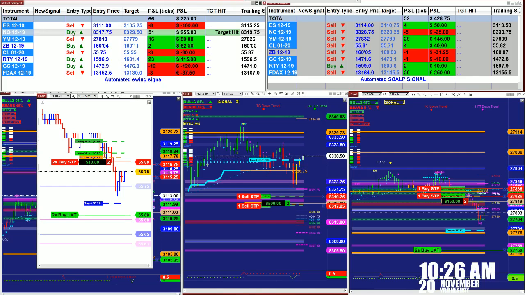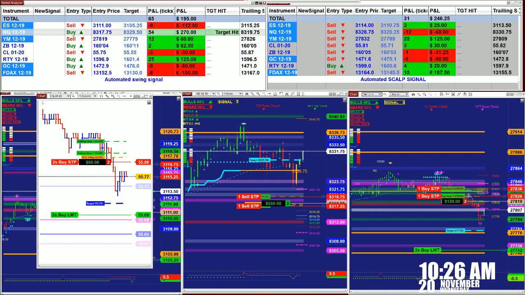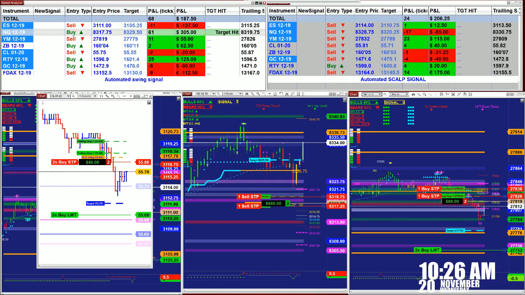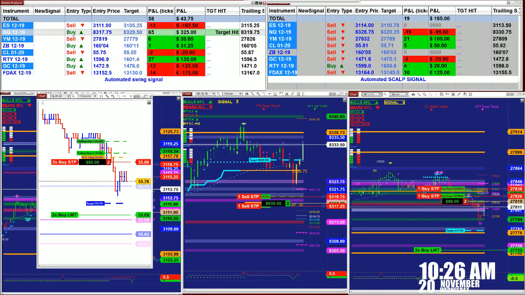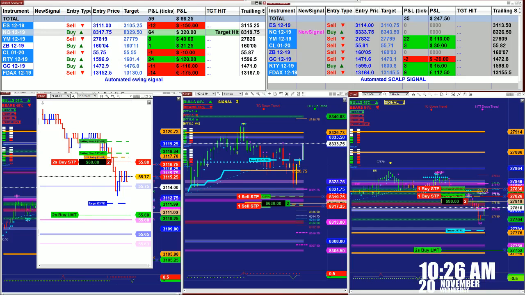The Nasdaq does a very good job on the swing trading, and most of the time it's over 100 ticks when you start around 9:45, or sometimes 9:20.